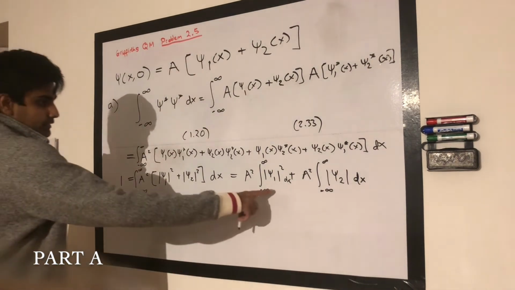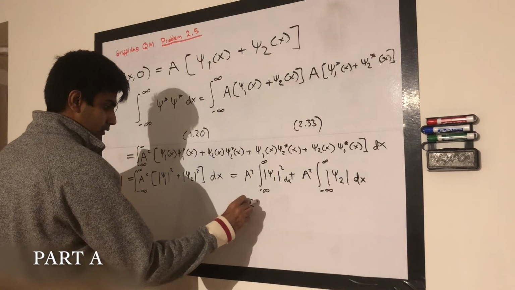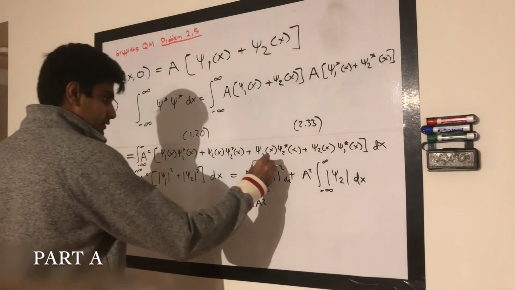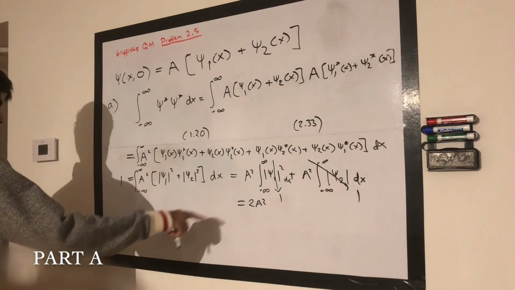And we know that each of these individual terms is just equal to 1, so that's equal to 2A squared.